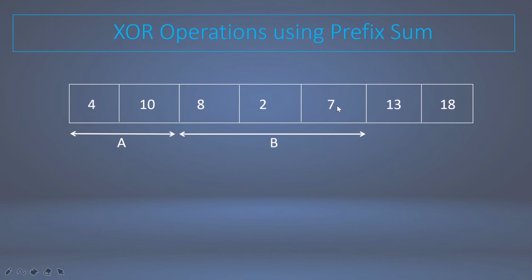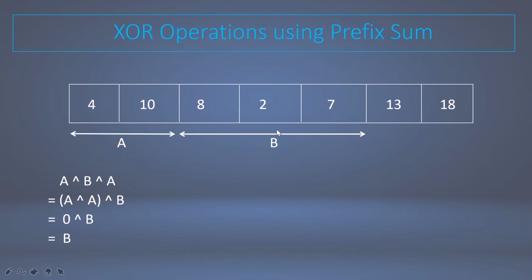Which will be A XOR B. Then with this we will do XOR from 1 to L minus 1, right? So this is A, and so overall XOR will be A XOR B XOR A, right? So that can be written in this way: A XOR A XOR B. A XOR A should be 0 and B. So 0 XOR B equals B, right? So this is the result we can see. So we can do the XOR operations in this way.